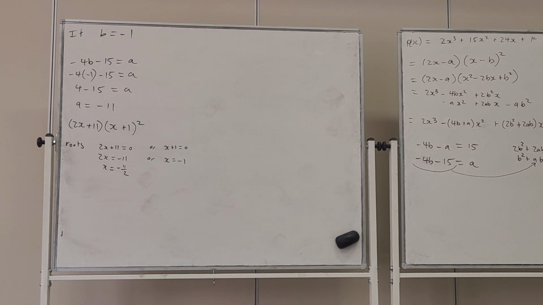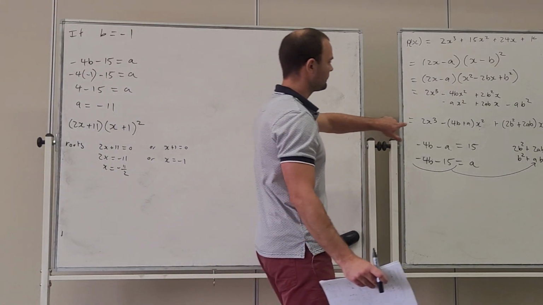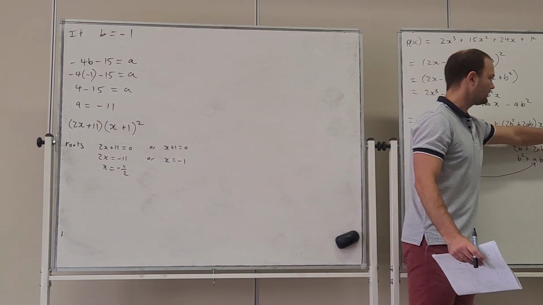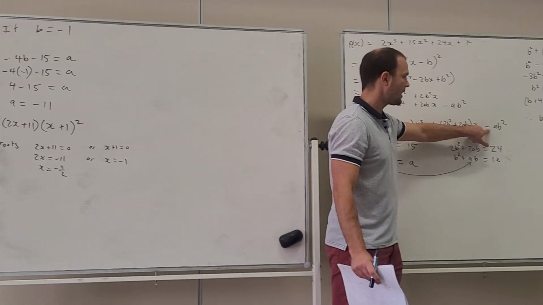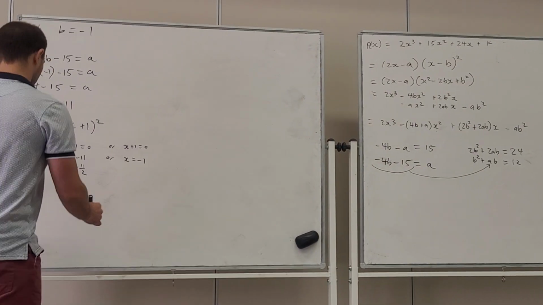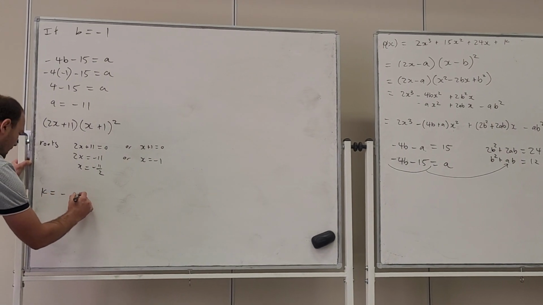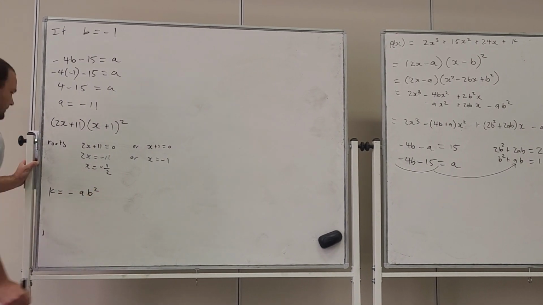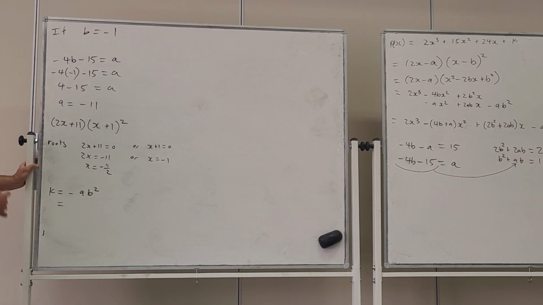So they're the roots if b is minus 1. Alright? The other thing we need to find is the value of k. And we can see from our expansion here, remember this is the cubic when we have it fully expanded, the value of k is equal to minus ab squared. So let's just substitute in the values of a and b.